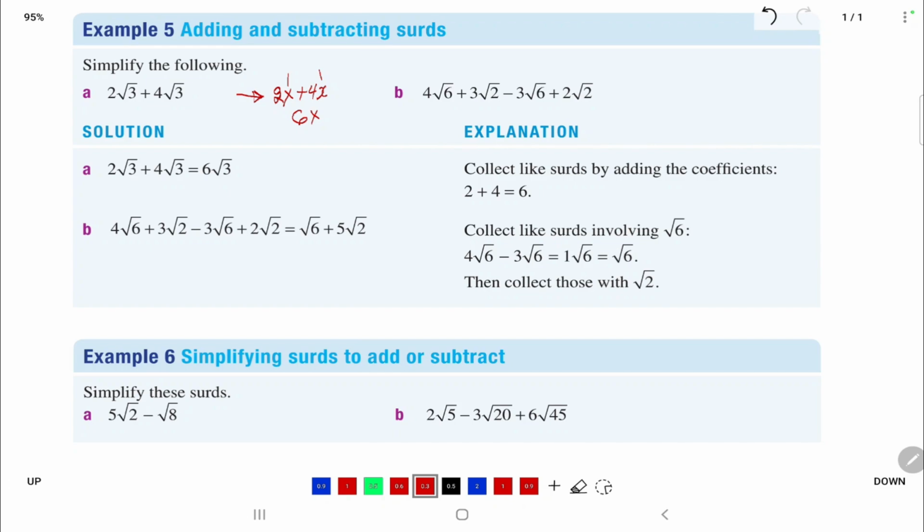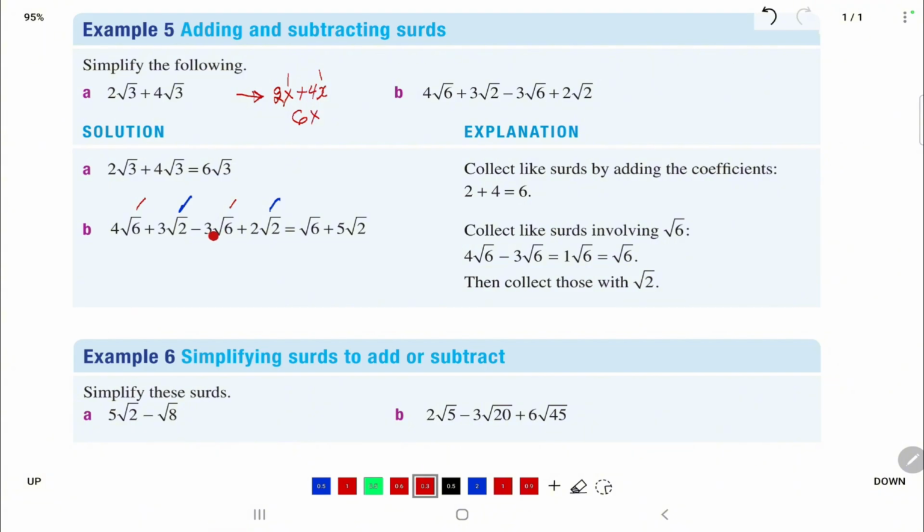Now we have, you see, these are similar, square root 6 and this one square root 6, and this one square root of 2. So we have two terms with square root of 6 and two terms with square root of 2.